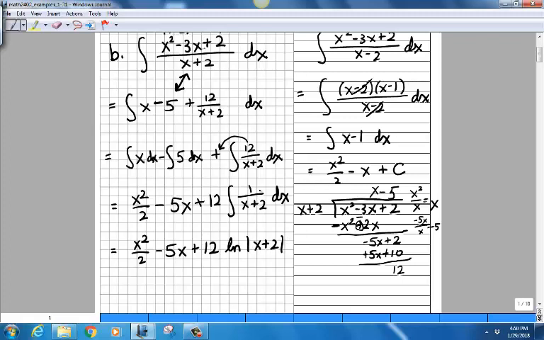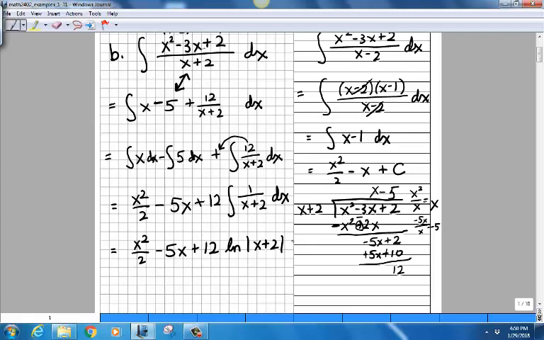Now, why is that? Because remember, when you have an expression like x plus 2 divided into its derivative, and what's the derivative of x plus 2? Of course, it's 1. So you have an expression divided into its derivative. You know that always integrates as natural log of the absolute value of the expression.